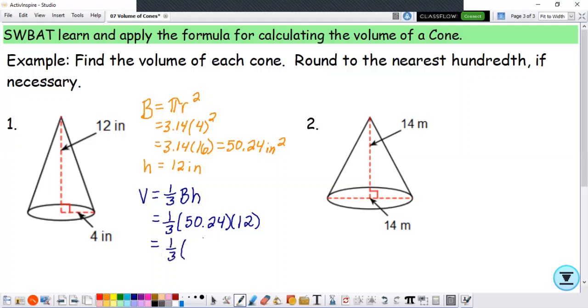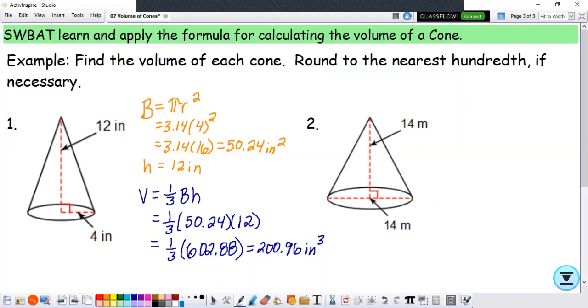And that is 602.88. And when I multiply that by 1/3 or divide by 3, I have a volume of 200.96 cubic inches. Again, volume is cubic measurements for volume.